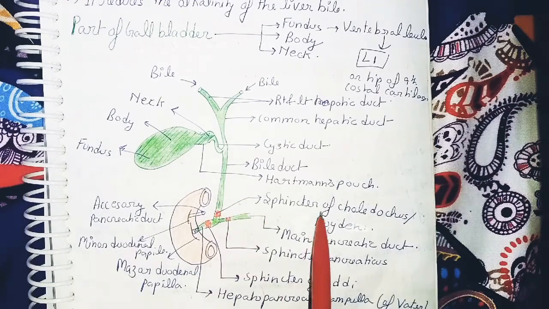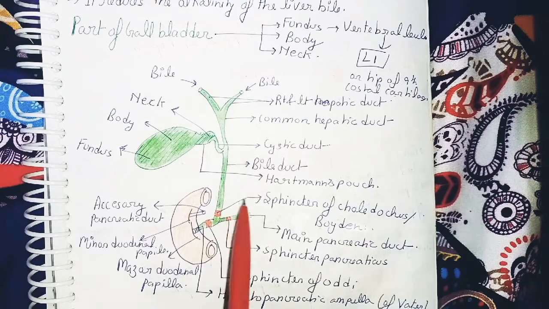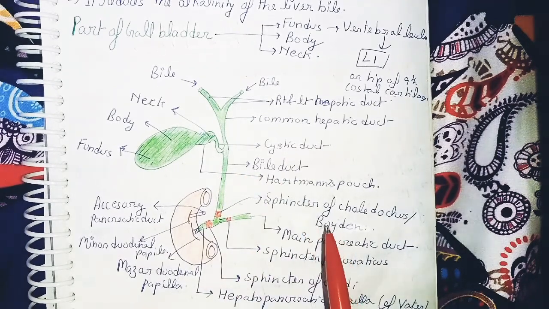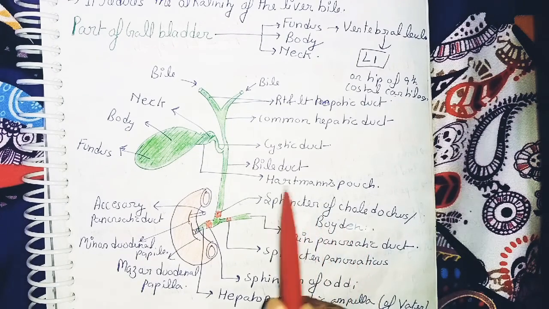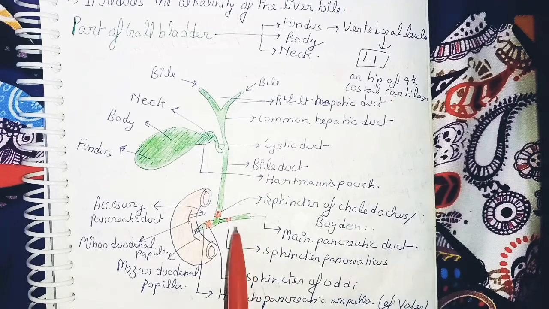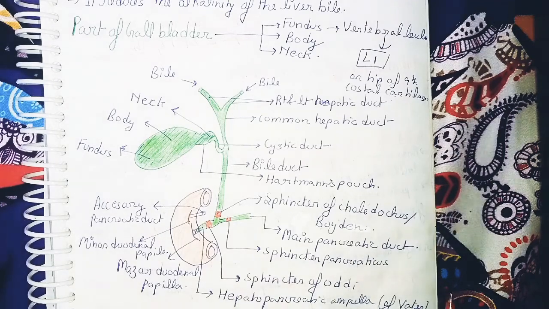So there is a sphincter of Boyden, or Boideman, which is present in the bile duct, which guards the opening and closing of the bile duct. And here you can see the main pancreatic duct, which has a sphincter pancreaticus which guards the opening and closing of the pancreatic duct.